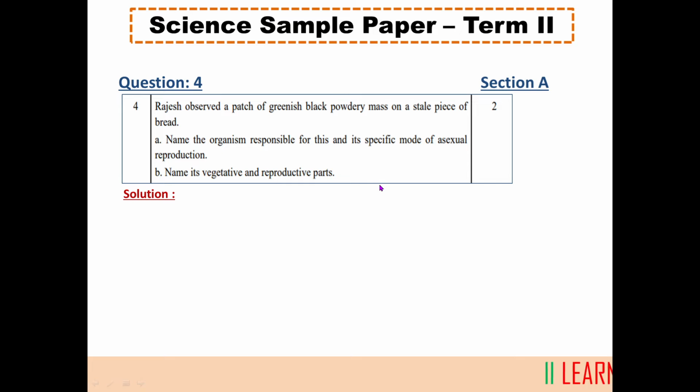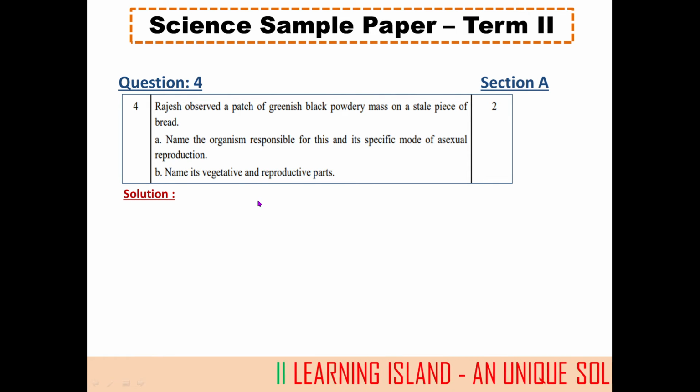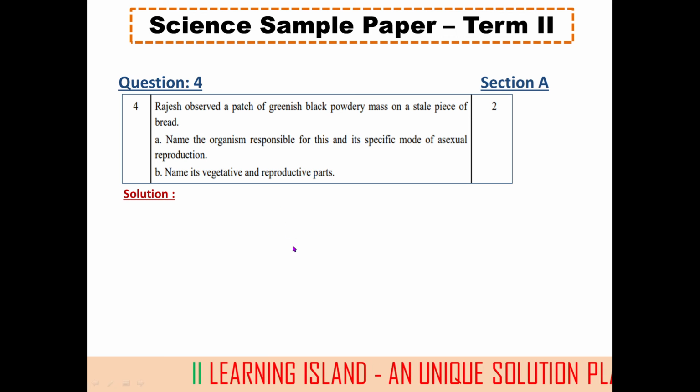Question number 4. Rajesh observed a patch of greenish black powdery mass on a stale piece of bread. If you keep bread for a few days, there may be some spores, something like fungus.